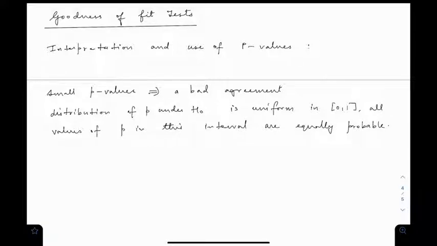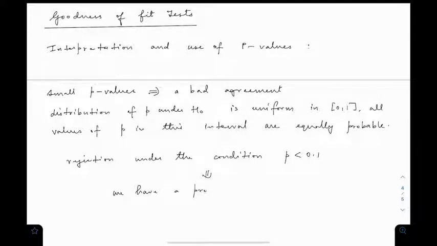When we reject a hypothesis under the condition p less than 0.1, we have a probability of 10% to reject H0.